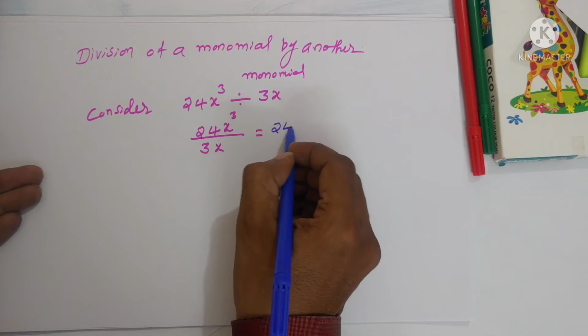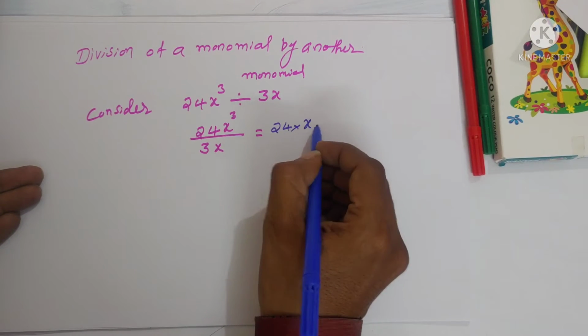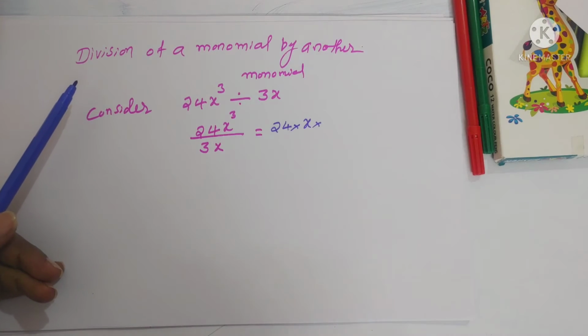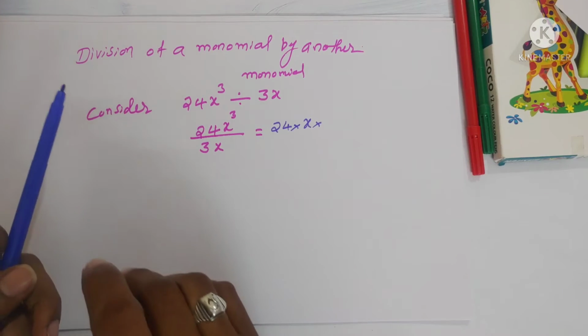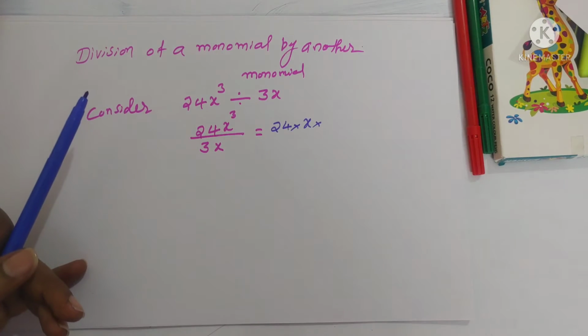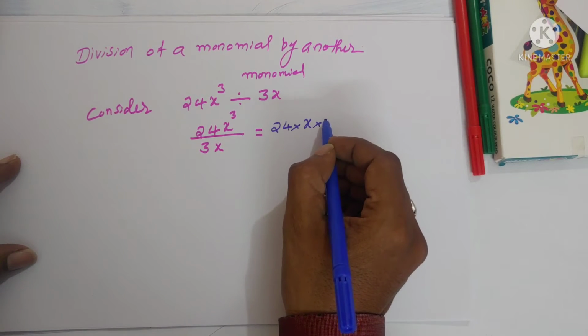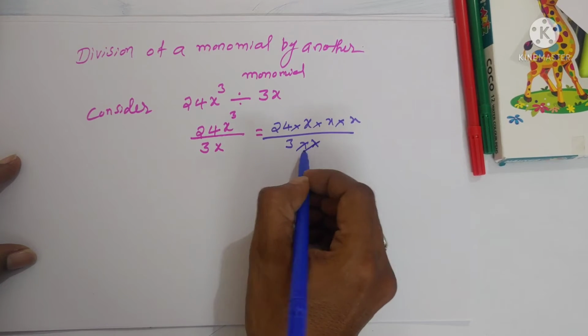So just divide 24 and 3, and before that we have to factorize. Here x cube can be written as x into x into x, divided by 3 into x. Here x gets cancelled.